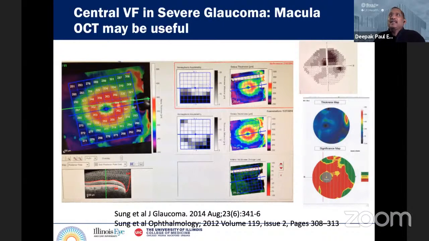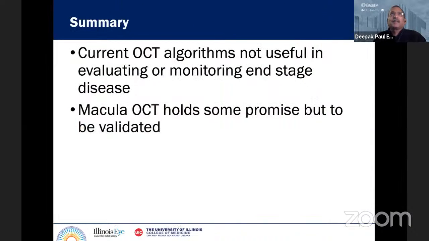It helps me add more information to the visual field testing that is done in the patient. And as pointed out before, there are some patients who can't do visual fields very well. This provides an additional complement to visual field testing. So in summary, OCT and photographs are not very helpful in managing end-stage glaucoma.